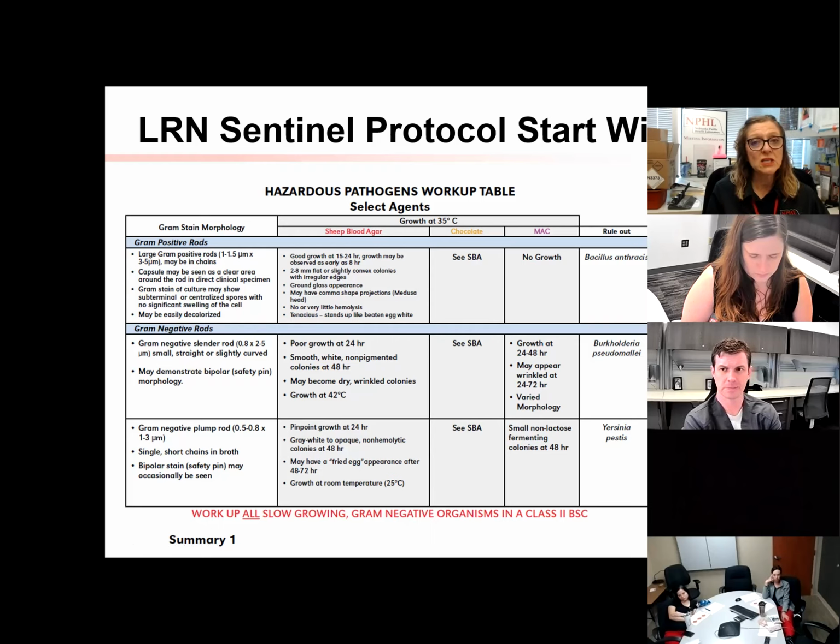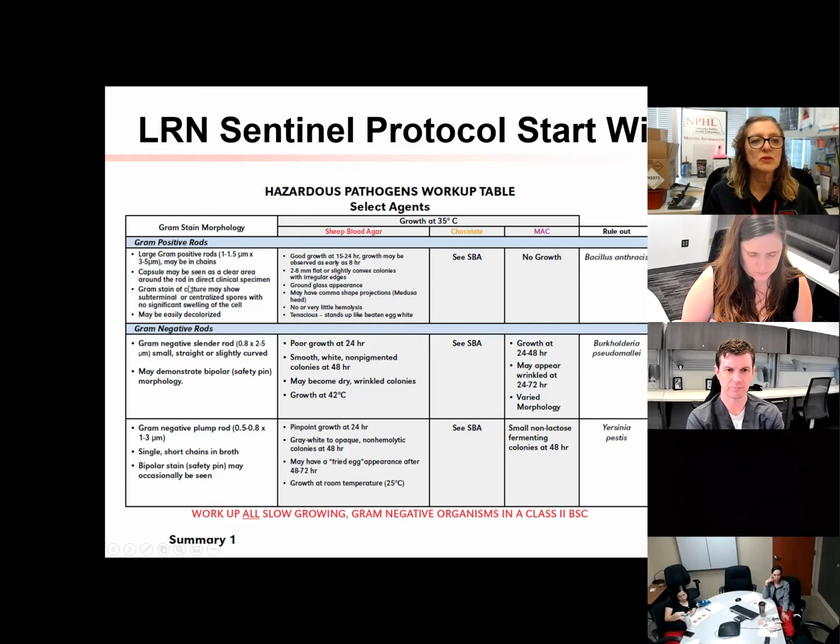But in patients or animal, a live being, if you're taking a specimen, that may still be visible, and you'll see it as a clear area around the rod in the direct specimen.